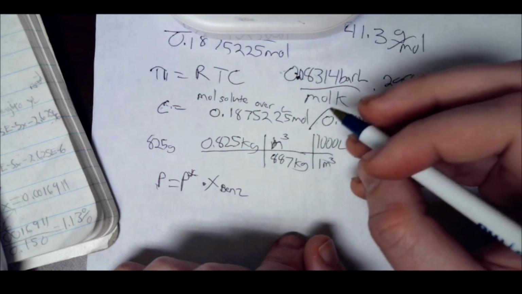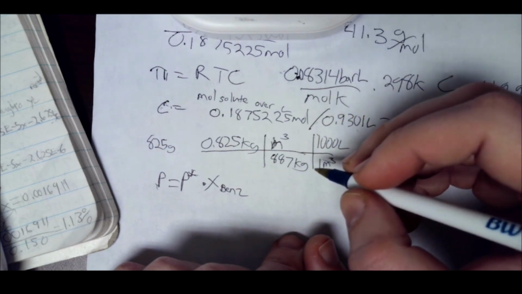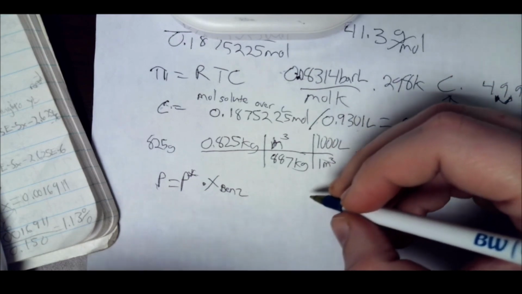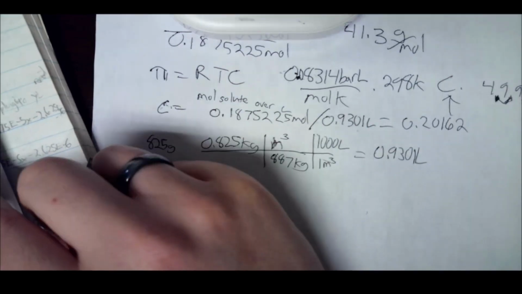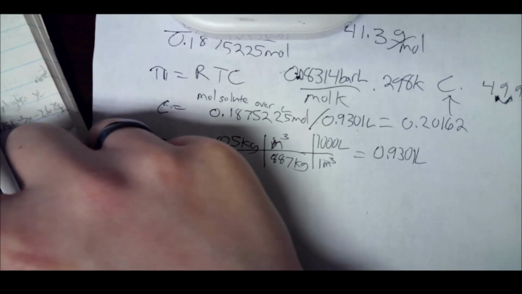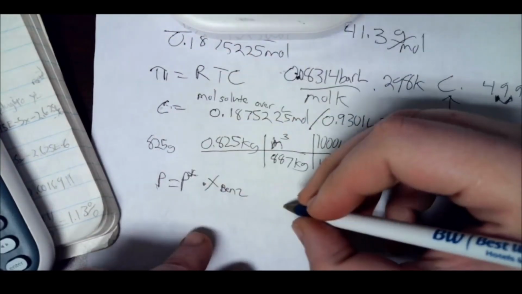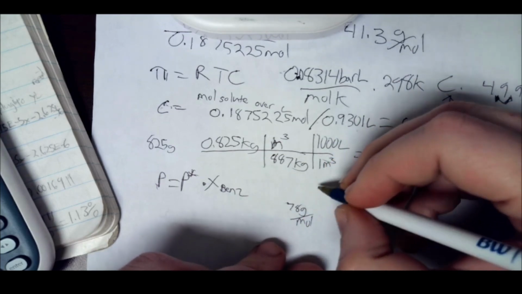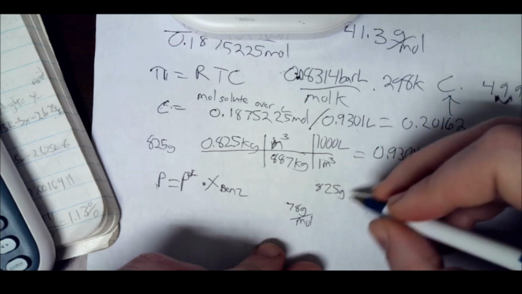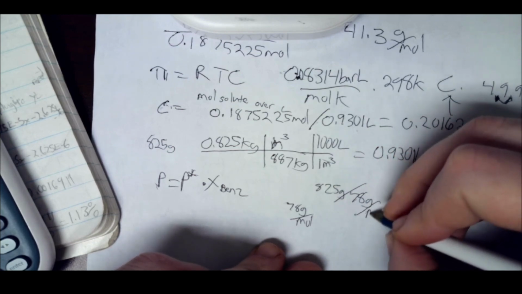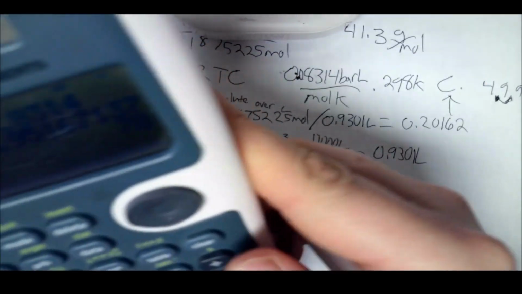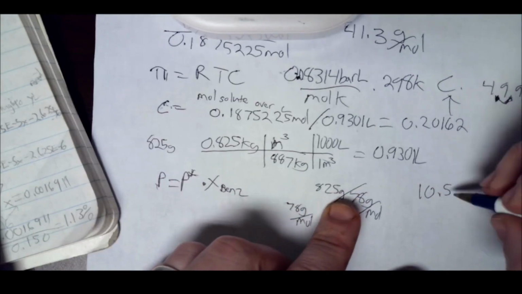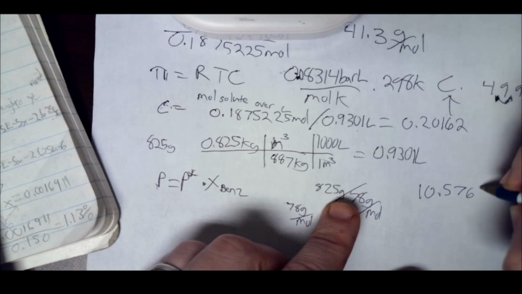Benzene is 6 carbons plus 6 hydrogens, 78 grams per mole. And so at 825 grams, at 78 grams per mole, 825 divided by 78 is something like 10.5769 moles.